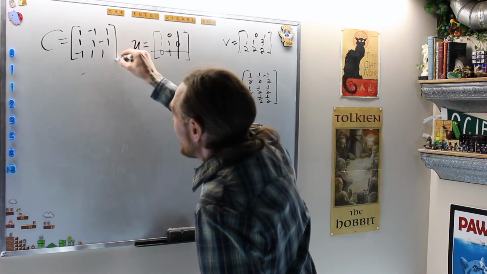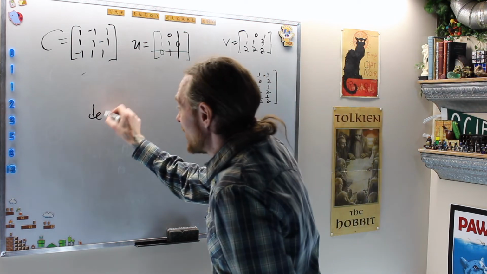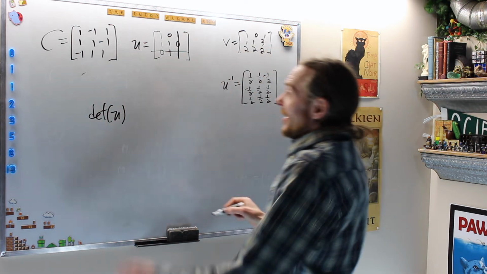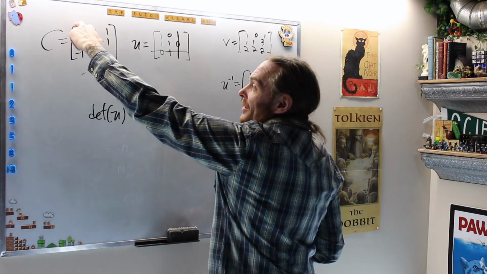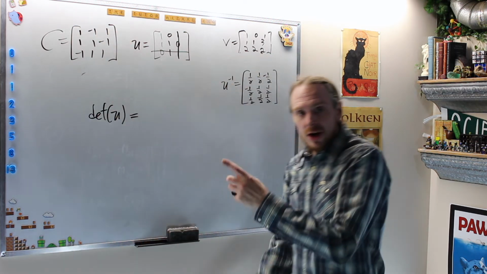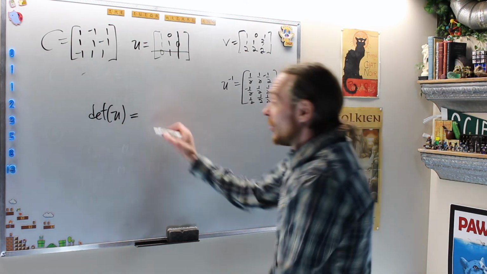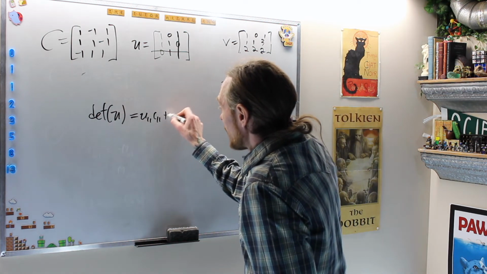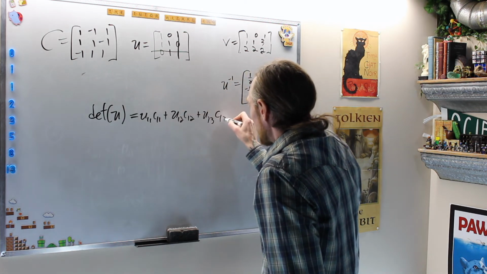Once I have the cofactor matrix, we need the determinant of U also. So this is A11, A12, A13. This is C11, C12, C13. Cofactor expansion along the top row of U gives me the determinant of U, which is U11 C11 plus U12 C12 plus U13 C13.